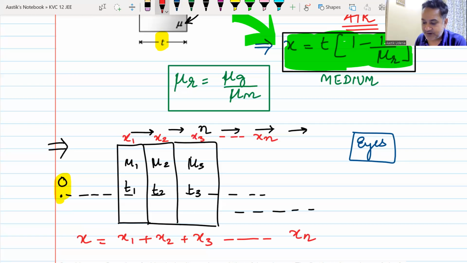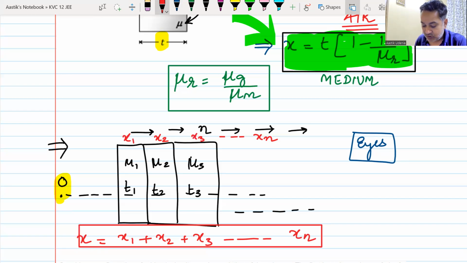So we just have to find out the shift due to each of the slabs, and simply add them. Do we understand this?